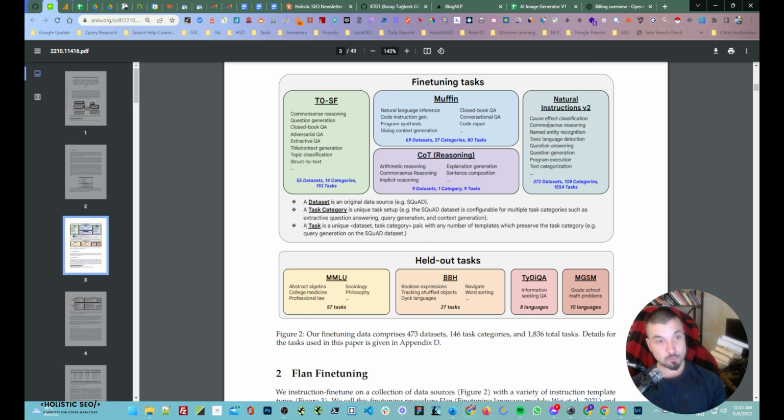In this case, you will see some new natural language tasks. This is the first time I see toxic language detection inside a research paper, so it is a little interesting. There are also other things like title context generation, or understanding context from the title. So these are important natural language tasks.